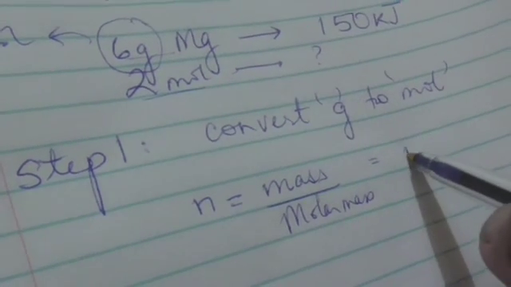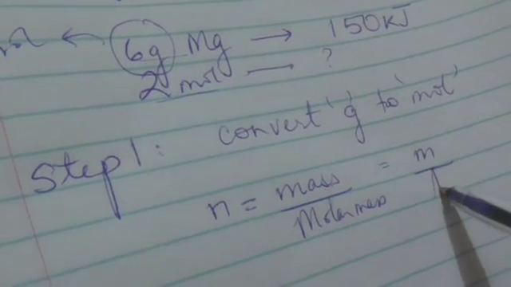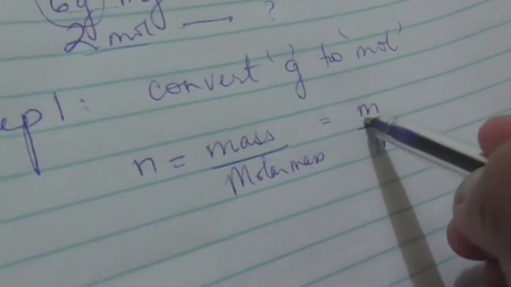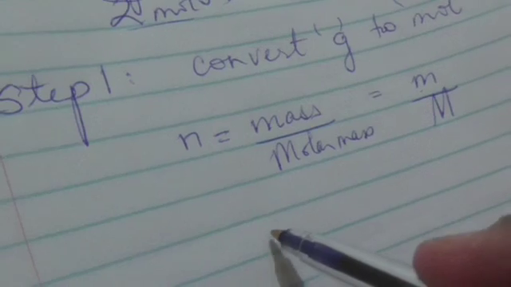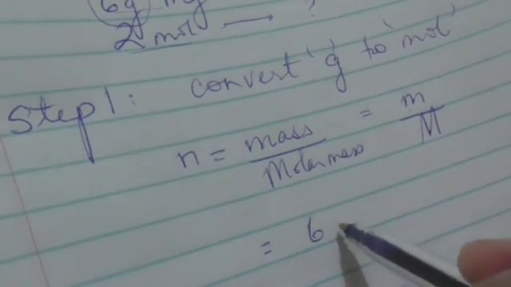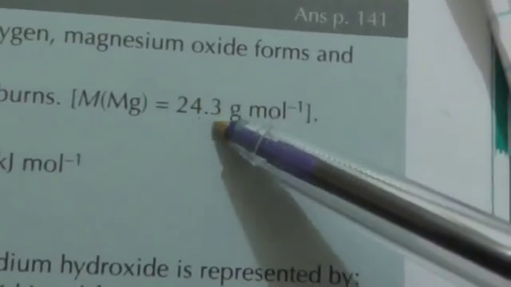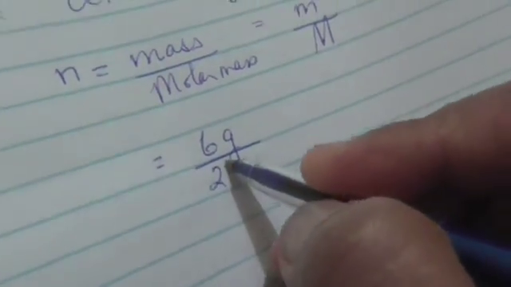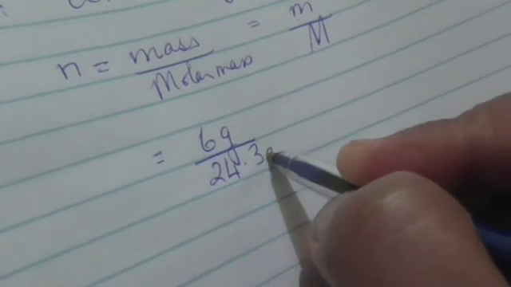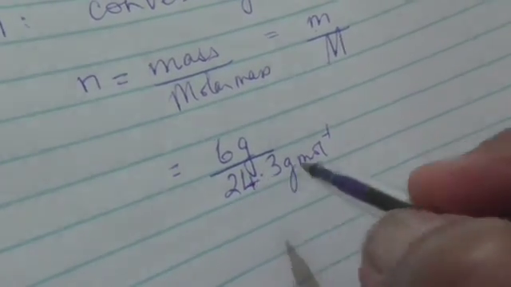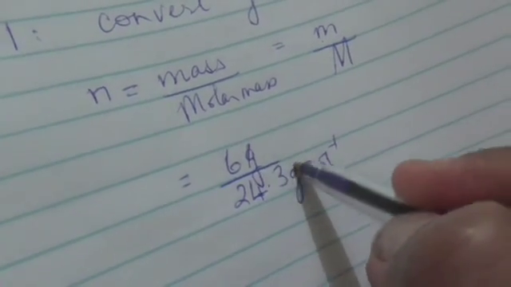Little m represents mass, and uppercase M represents molar mass. So n is equal to little m over big M. What is little m in this case? It is 6 grams. And uppercase M, which is given to us in the question, the molar mass, is 24.3 gram per mole. And it's always given to you in the exam, right? So the gram and gram cancels out.